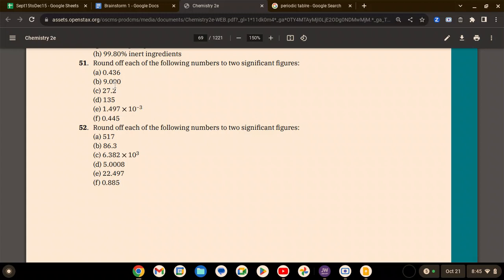So 9.0. The 7. So 27. The 3. So either 130 or in scientific notation 1.3 times 10 to the 2. So stops at the 4. So 1.5 times 10 to the negative 3. 0.45.